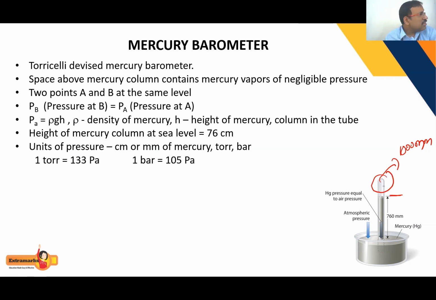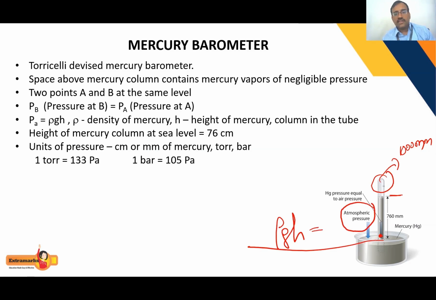What does it mean? When it stopped at 760 mm, the pressure at the bottom, rho g h, is equal to the atmospheric pressure. Both are balanced. That is why the height is taken as 76 centimeters.